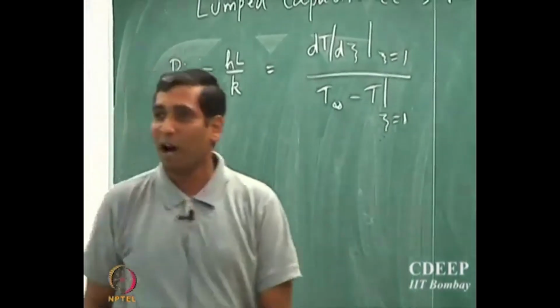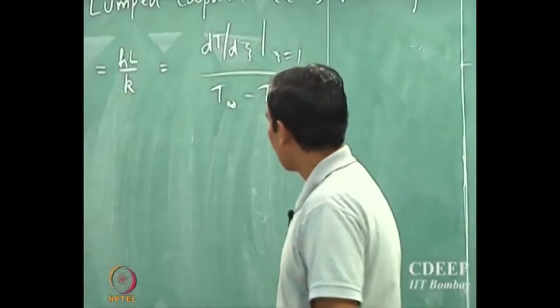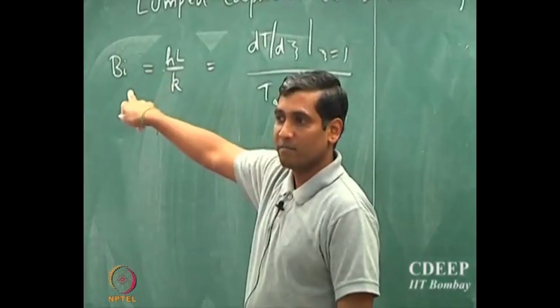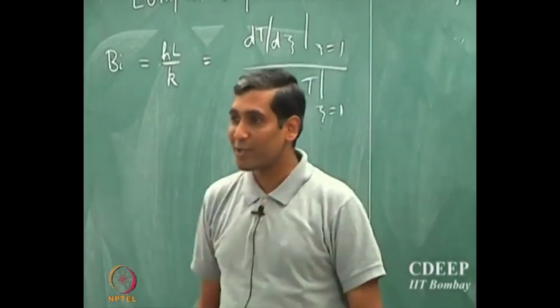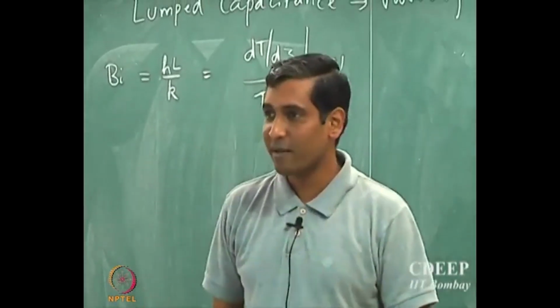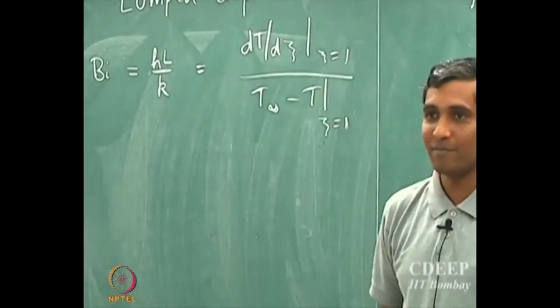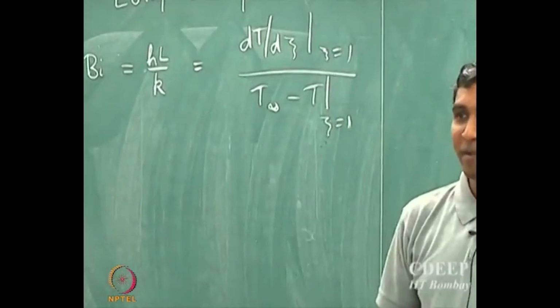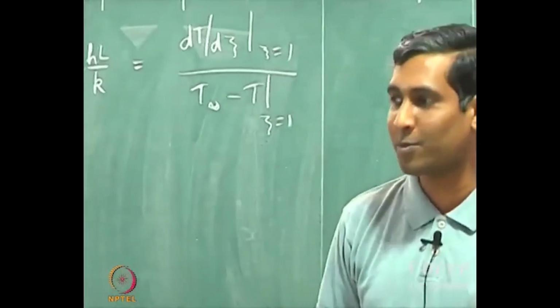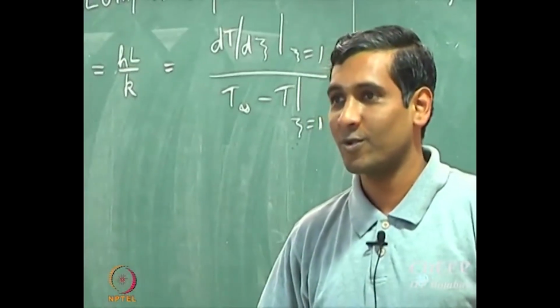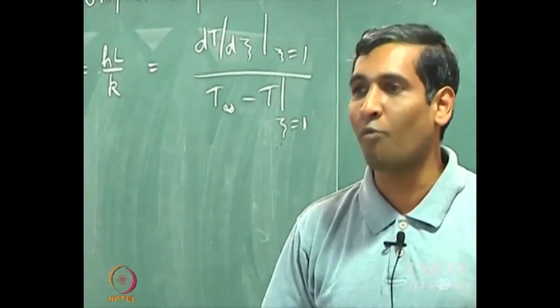Okay. So this is a dimensionless quantity. What are the units of heat transfer coefficient? Units are watt per meter square Kelvin. So remember Newton's law of cooling. The heat transfer rate is h times area times temperature difference. The heat transfer rate unit is watts.